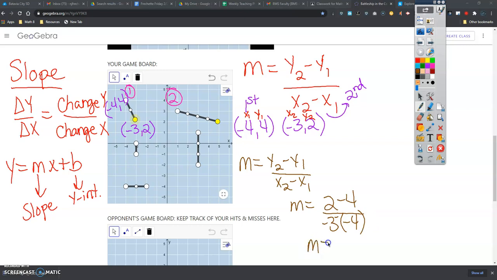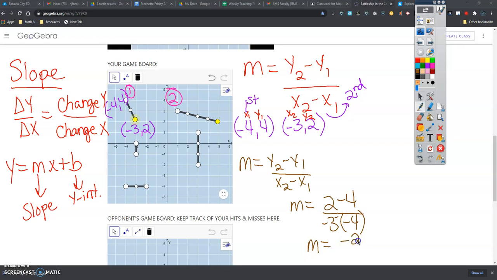So I'm going to get my calculator out because we're dealing with some different signs. I'm actually going to walk over and get my calculator. So, you're adding and subtracting integers, you want to use your calculator. So, I'm going to put in my calculator 2 minus 4, and I get negative 2.